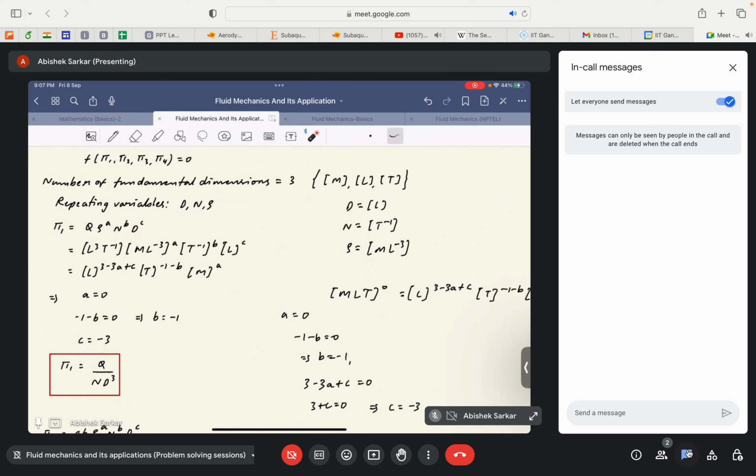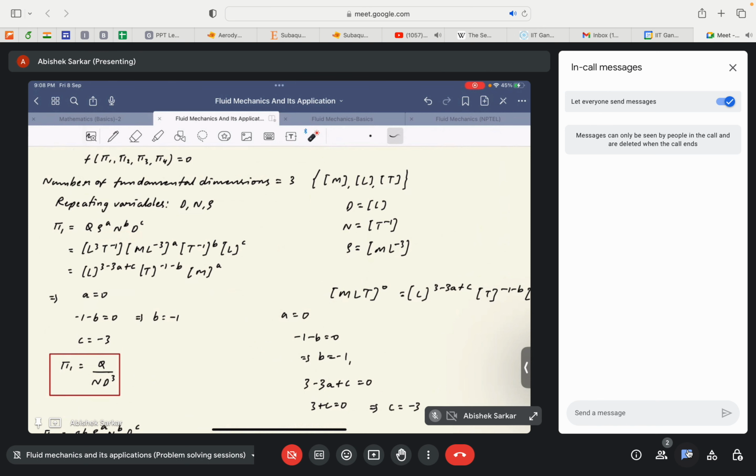Then we dissociate these terms into their fundamental dimensions. q is volume flow rate, which is L cubed into T to the minus 1. Similarly, rho is mass by volume, so M into L to the power minus 3, all to the power a. Then n is rotations per minute, which has a dimension of 1 by T, so T inverse to the power b. Similarly, d has a dimension of length, so we take L to the power c.